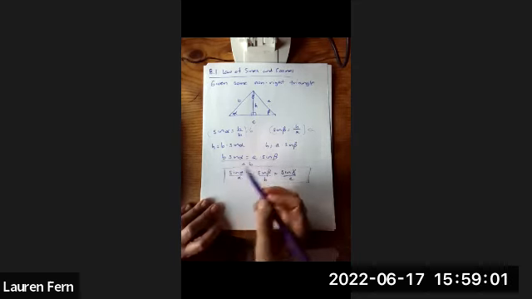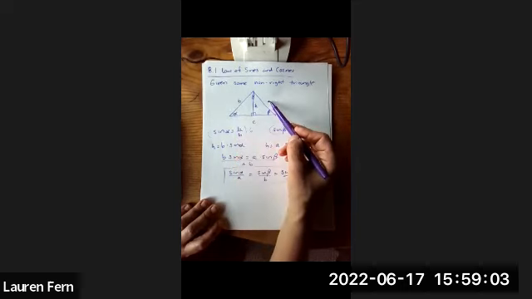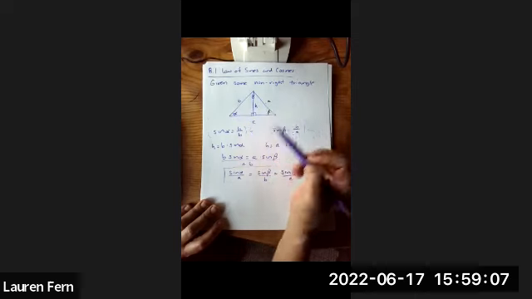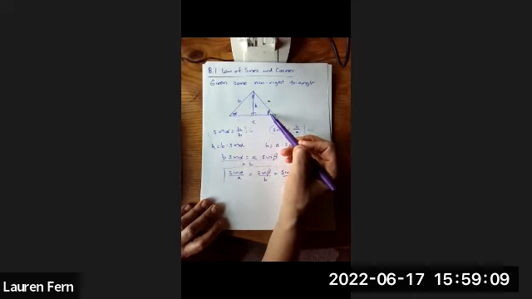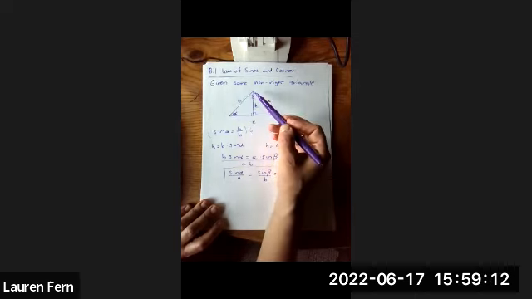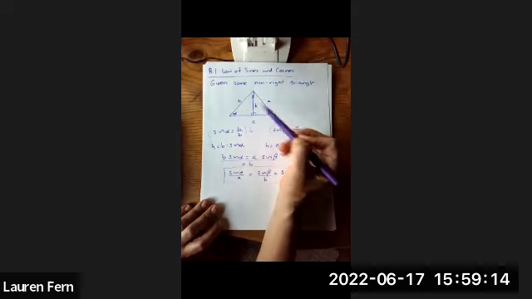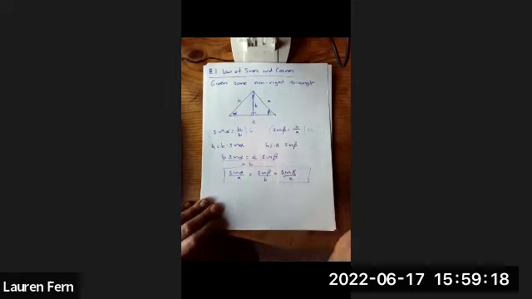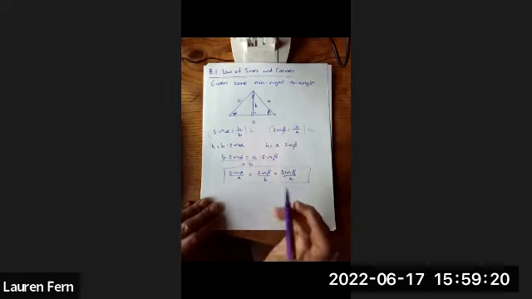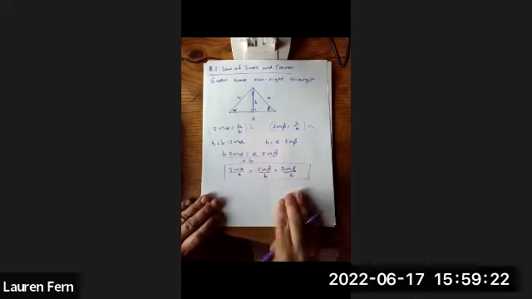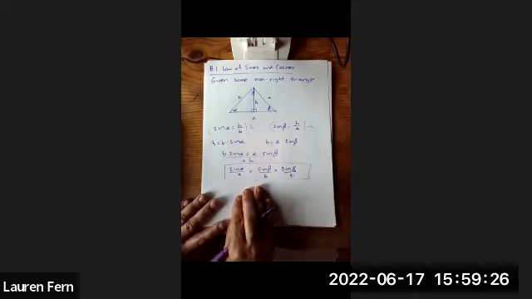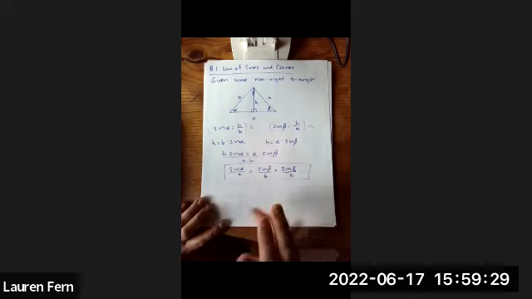Notice you take the sine of an angle over the side opposite of it, and that is equal to the sine of this angle divided by the length of the side opposite, etc. Okay. You'll know really quickly if you can't use the law of sines because you won't have the correct information.